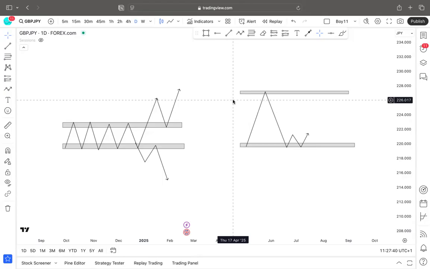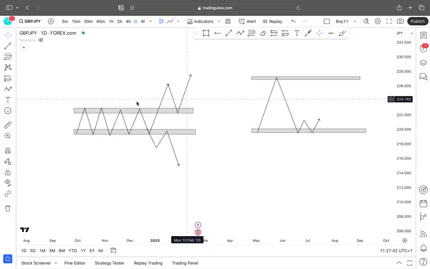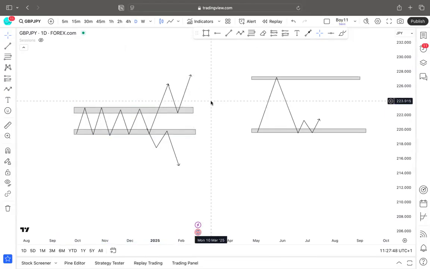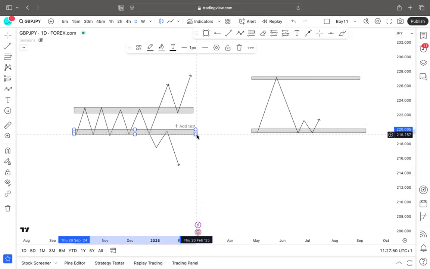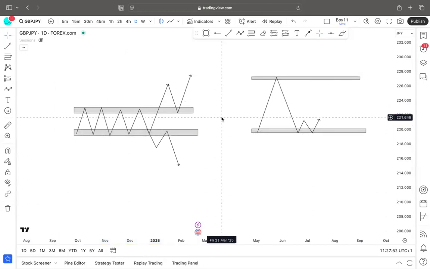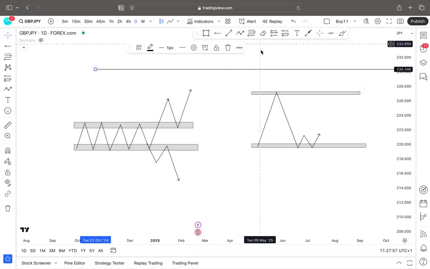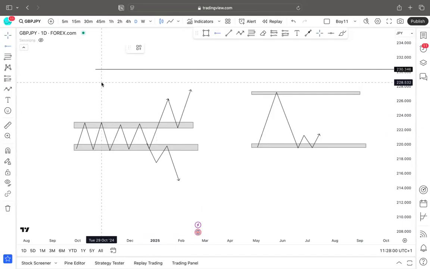Okay, as you can see on my screen now, I always tell most of the students that I've had the privilege to mentor over the past years that a support and resistance zone is not a line.